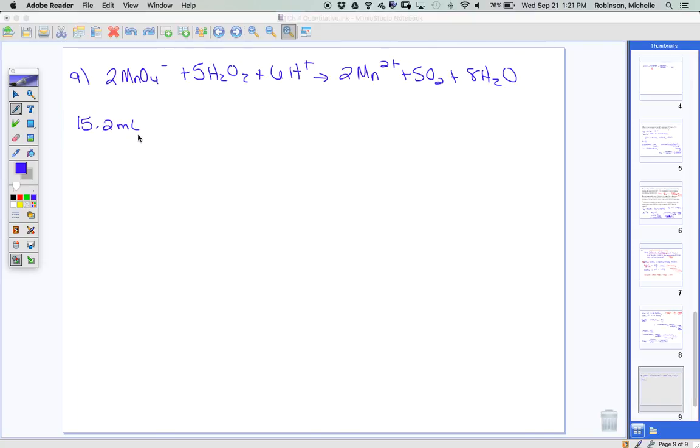Electrochem. All right, we know we have 15.2 milliliters of 0.103 molar permanganate, and we know we used a 10 milliliter sample of, we don't know molar, what is it? Oh, hydrogen peroxide.